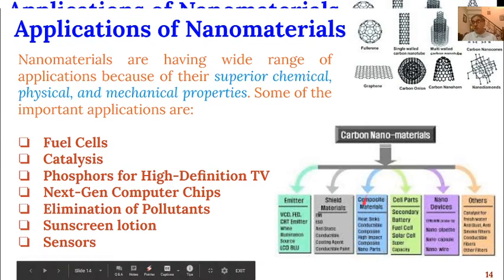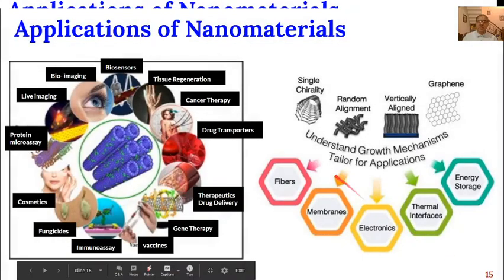They have been used in cosmetics also. They have been used as emitters in electronic industry. They have been used in nano devices. So there are so many applications in case of nanomaterial. Some of the more applications you can see from here.